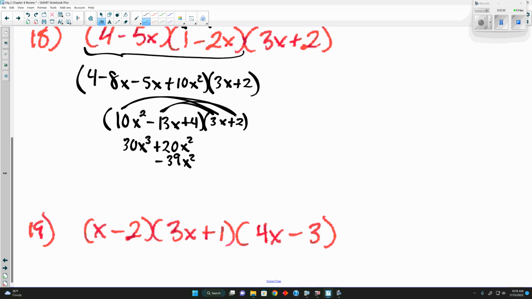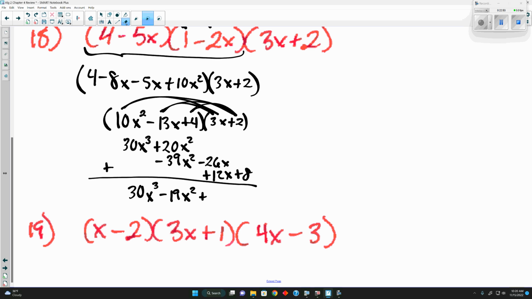Negative 13x times 2 is minus 26x. 4 times 3x is plus 12x. And 4 times 2 is plus 8. So we get 30x cubed minus 19x squared minus 14x plus 8.